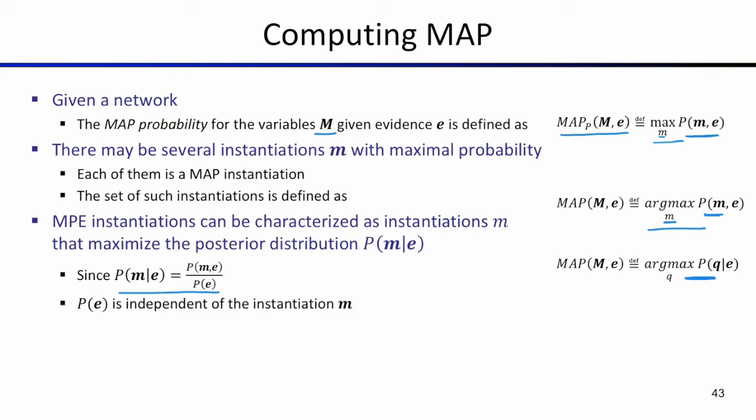The probability of the evidence is independent of the instantiation M, so it doesn't change anything. It's just going to scale the values by a constant, but the instantiation that has the maximum probability in the joint marginal will also have the maximum probability in the conditional.